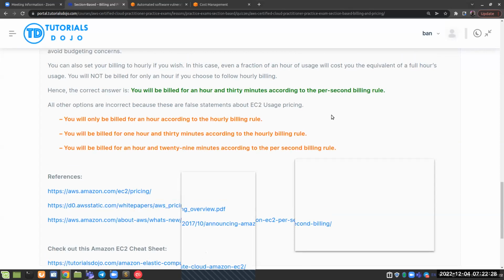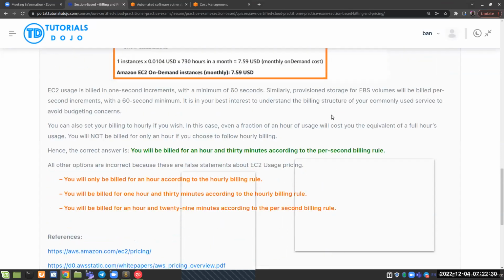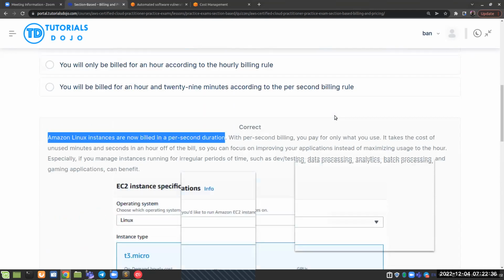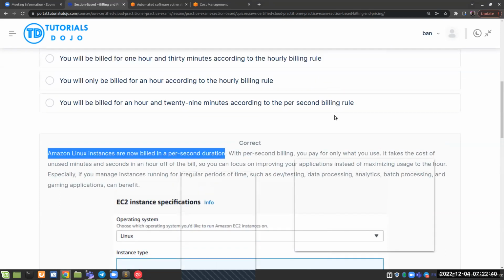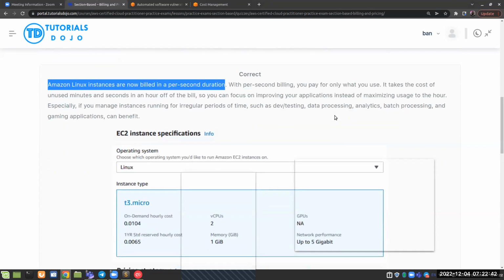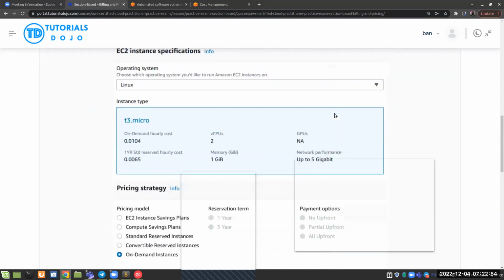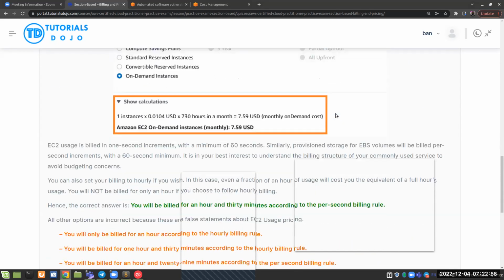Also, what I remember as well was that the Windows operating system is billed per hour. So Linux is billed per second and Windows per hour. It should be per minute, right? Yeah, Windows is per minute, sorry.